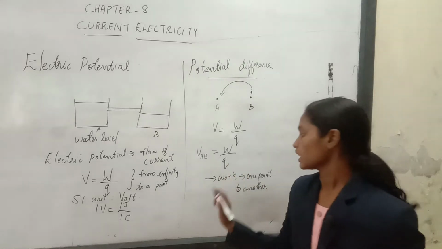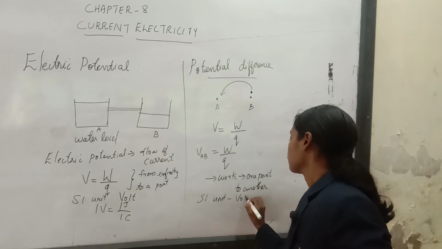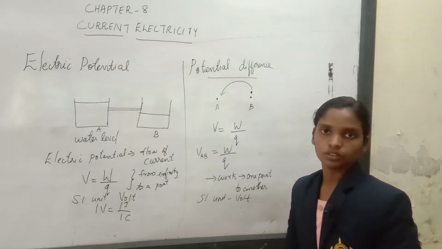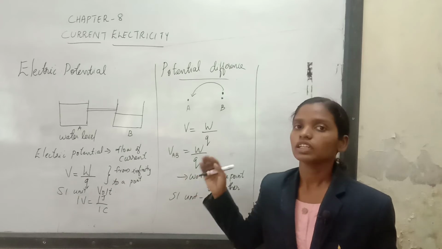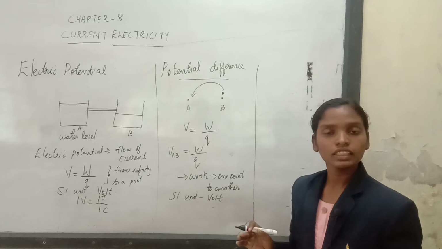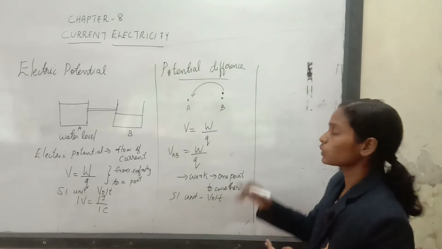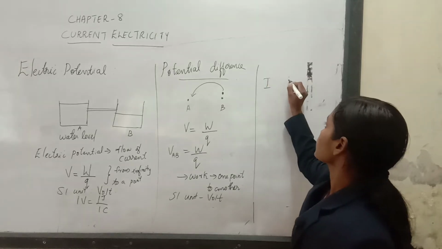Its SI unit is the same as we have learned, the volt. Now we are clear with charge, current and also potential. When relating them, a person named Ohm found a relation between I and V, where I is the current and V is the potential.